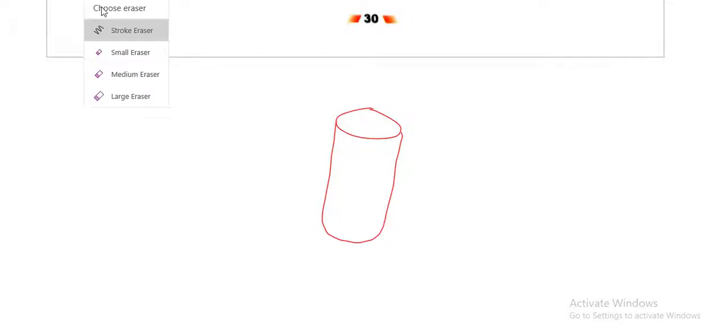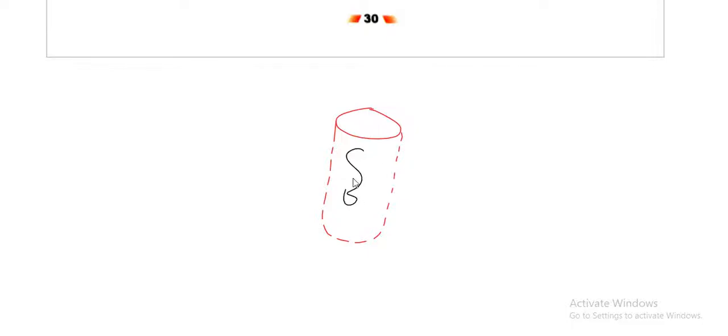Whenever you use the washing machine, one pot will be there, and in that pot there are some small pores, right? This is how the washing machine dryer pot looks, correct? Inside that pot all the wet clothes are kept.